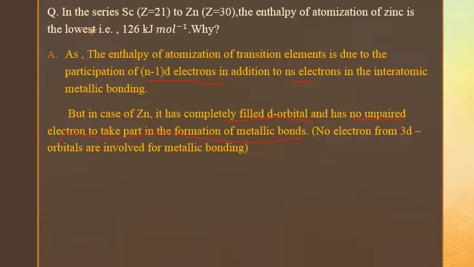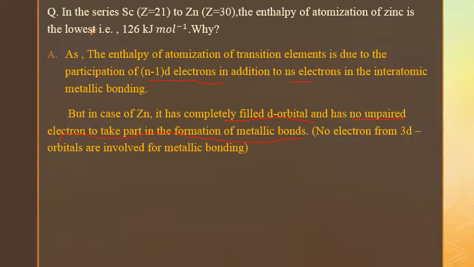It has 10 electrons in its 3d shell. So there is no unpaired electron available for the formation of a metallic bond. If a metallic bond is not created between the atoms, or is created with very less strength, then the enthalpy of atomization, or the energy required to break the metal into its atoms, will be very low.